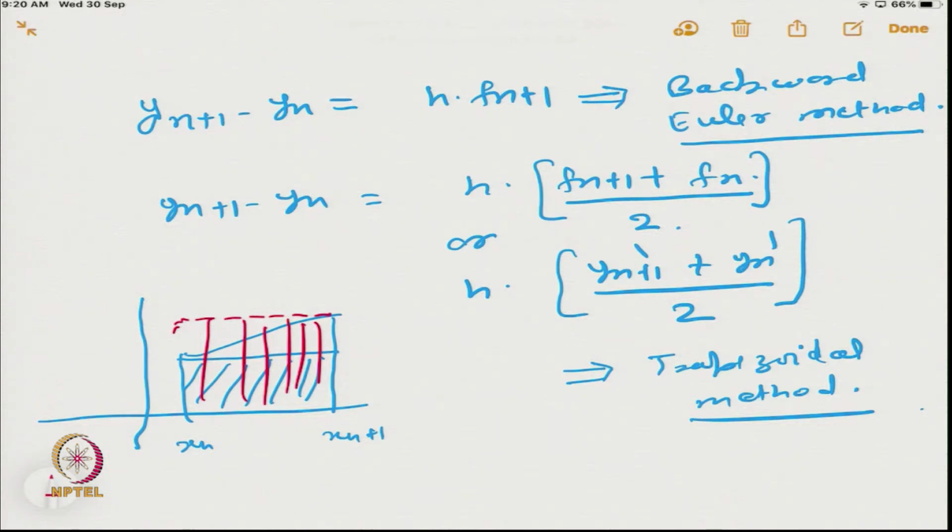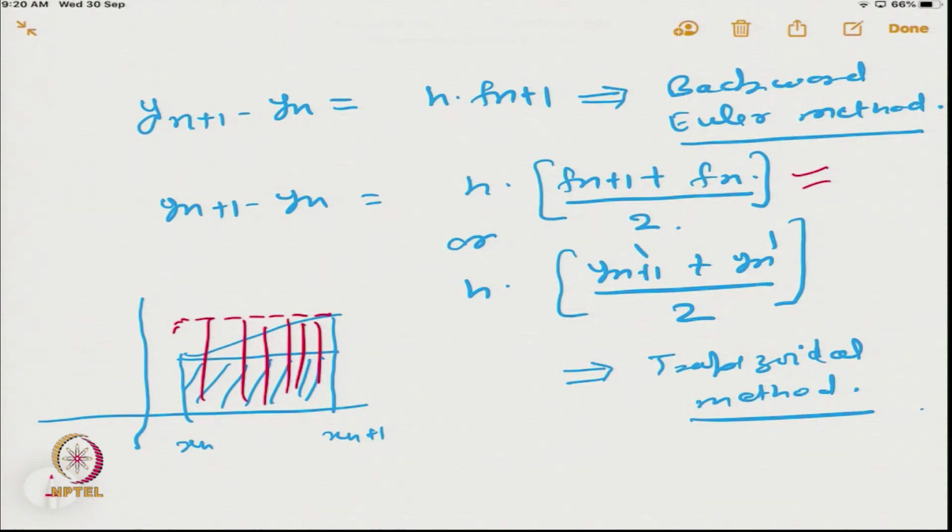In the previous case we are underestimating the real area. Sometimes we are choosing the trapezoid, because this is the area of a trapezoid, that is why it is called the trapezoidal method. So, that is how you can see that these methods can be derived otherwise with the help of numerical quadrature methods.